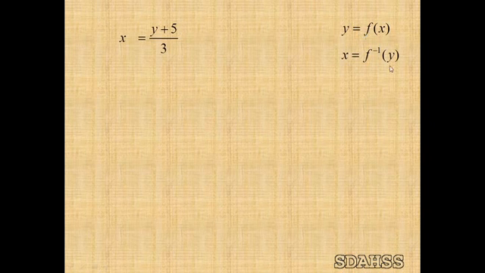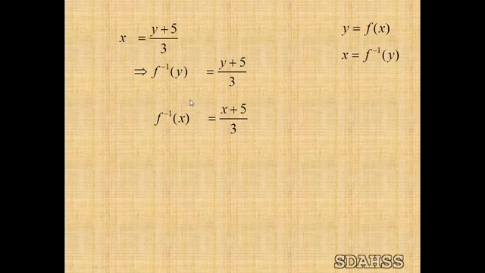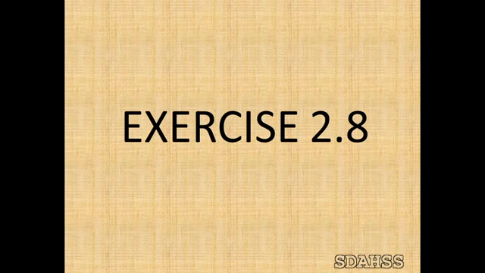So f inverse of y is equal to (y plus 5) by 3. Now replace y with x. f inverse of x is equal to (x plus 5) by 3. This is the inverse function.